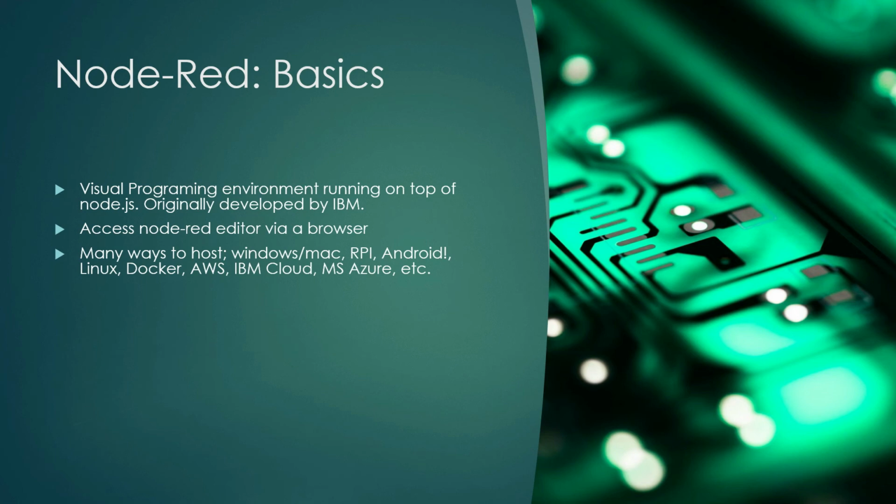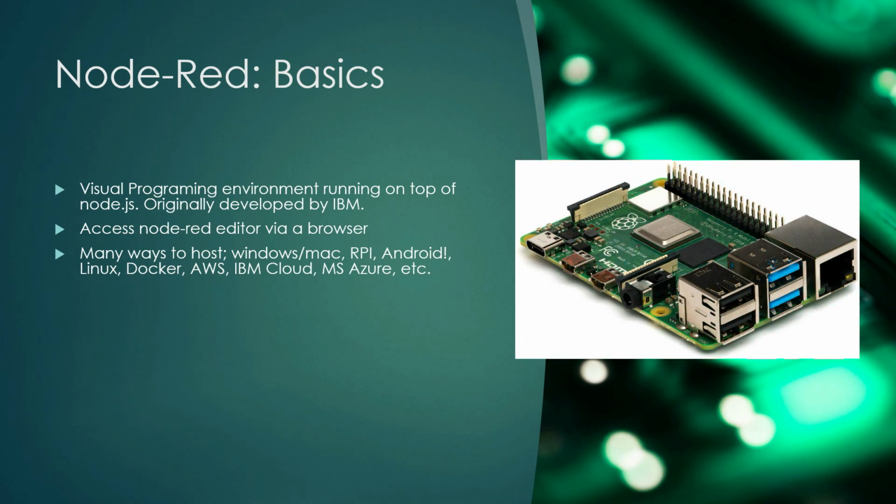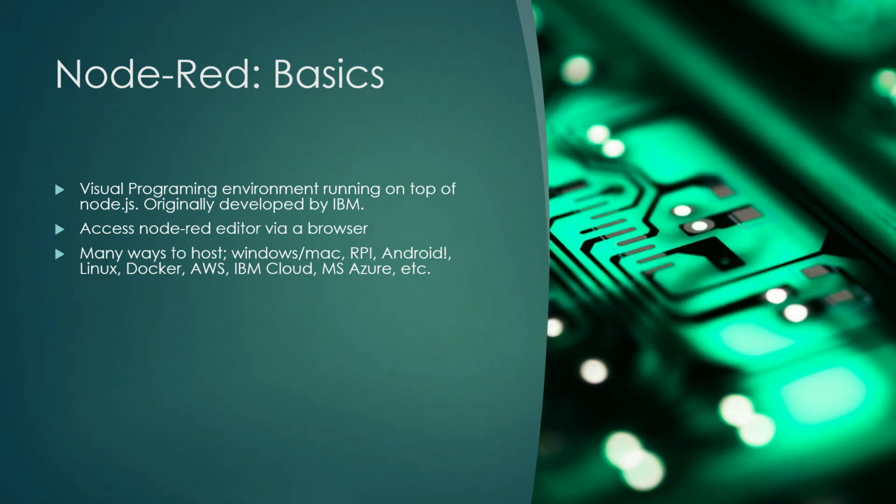So some examples of places you can host Node-RED: Windows and Mac machines, Raspberry Pi. So if you want to have a hardware device that's got some sensors and Node-RED's sitting in the middle, looking at those sensors and doing some activity based on those sensors, Raspberry Pi is good for that.